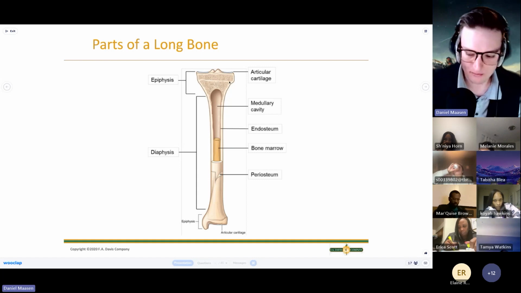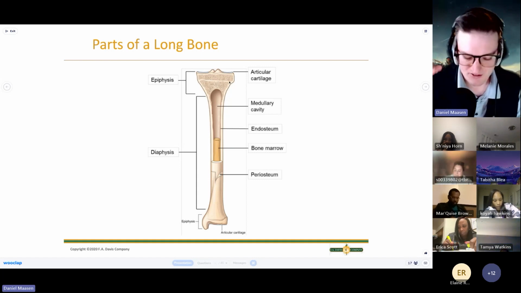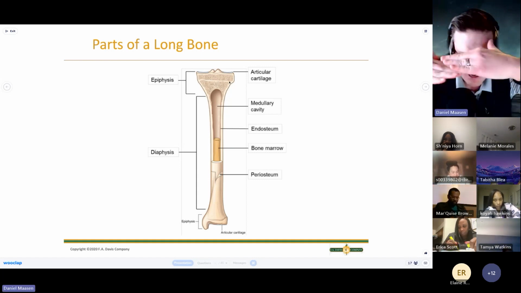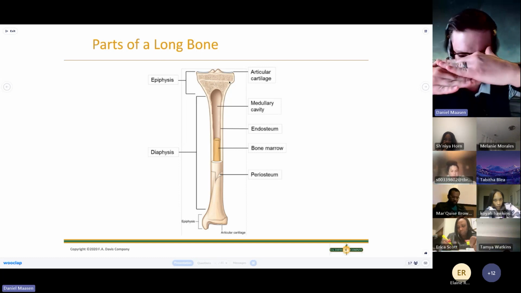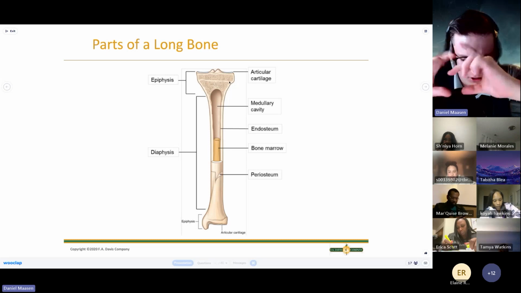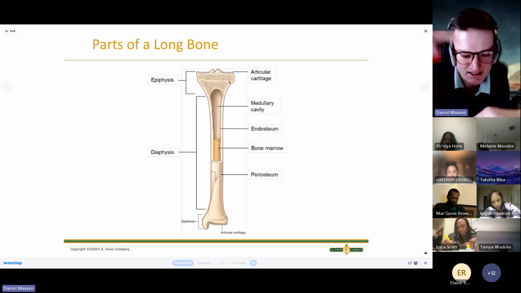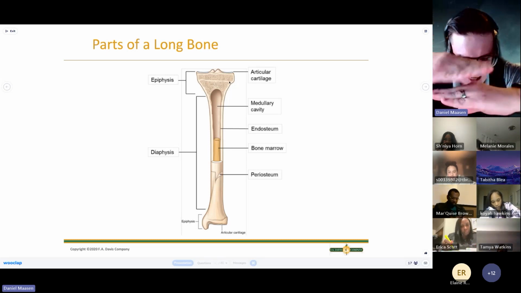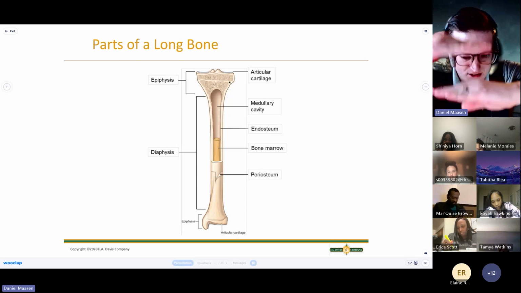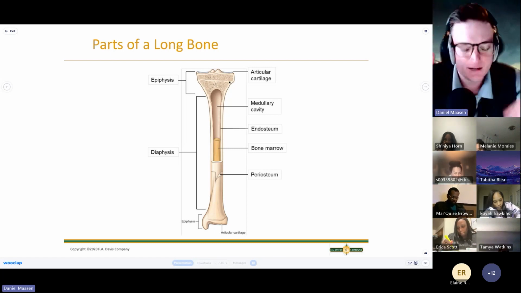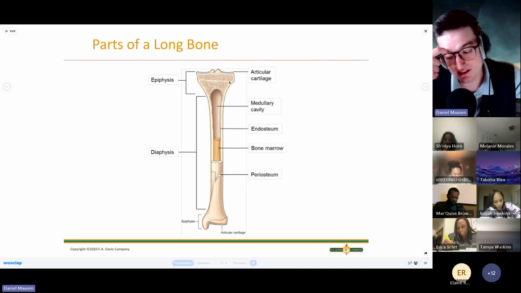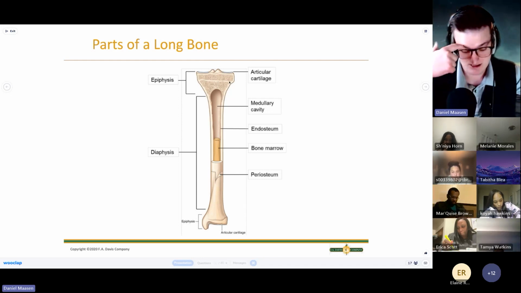Our epiphyseal plate allows us to spread out. That layer of cartilage allows the bone cells around it to add more bone on either side of that line to make our bone bigger and bigger. On either side of the line, our bone cells can make our bones longer. That's how we get taller.